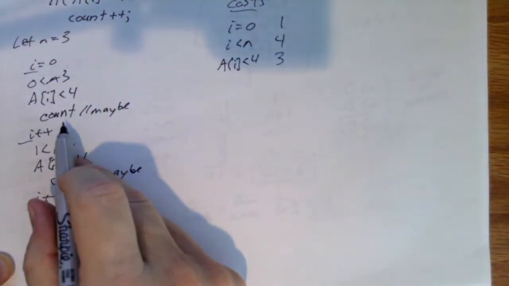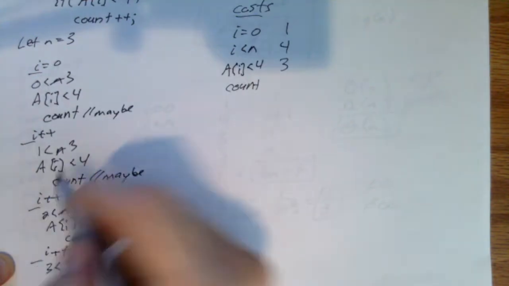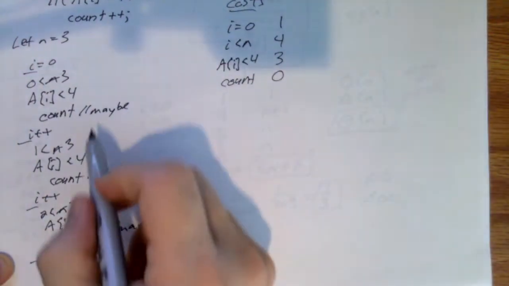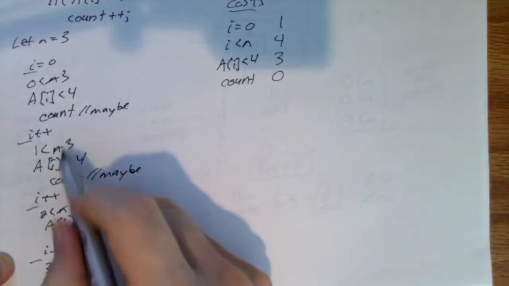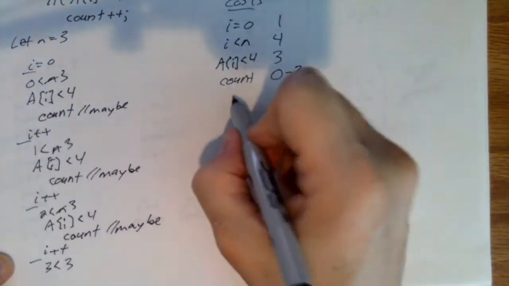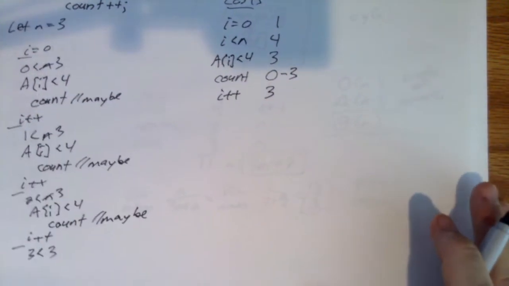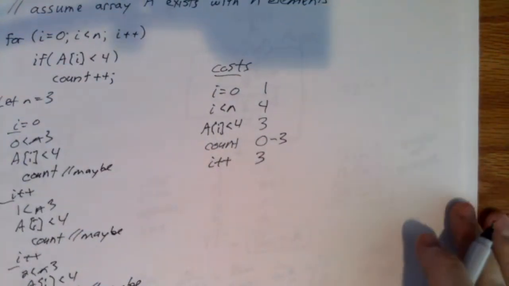How many times do we update the count? If it was never a true statement, it happened 0 times. But if it was always true, it happened 3 times. So 0 to 3. And then finally, we incremented 3 times.